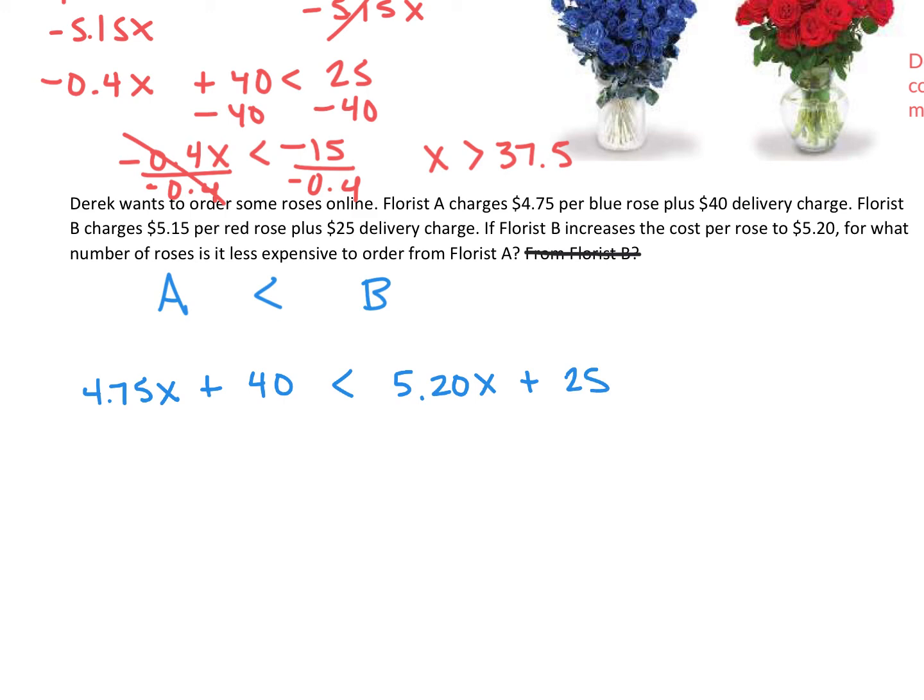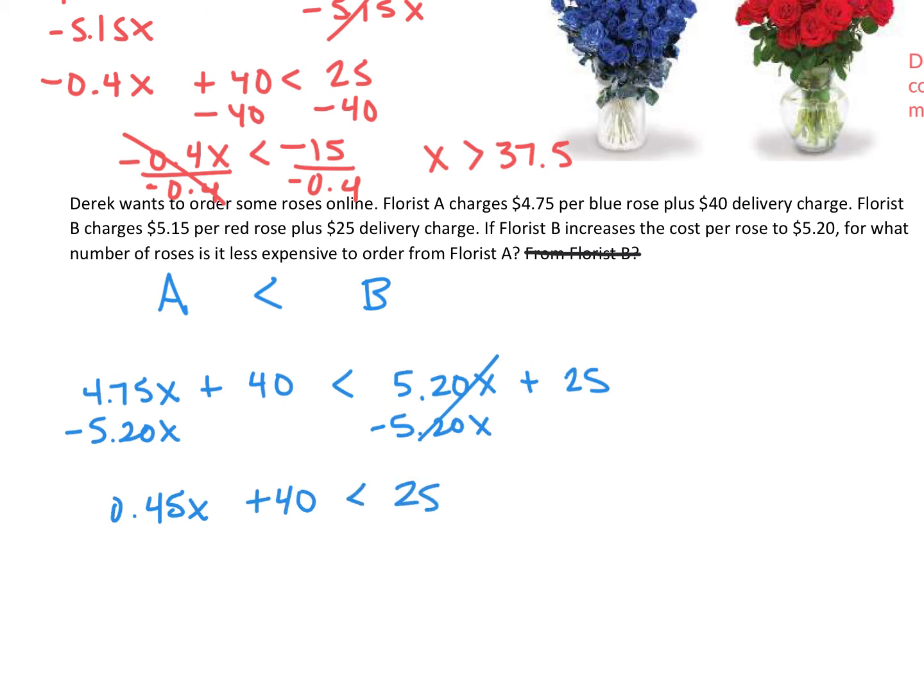We have variables on both sides, so I'm going to get those to the same side by subtracting. I guess I'm choosing to subtract the 5.20x. 4.75x minus 5.20x is negative 0.45x, plus 40 is less than 25.